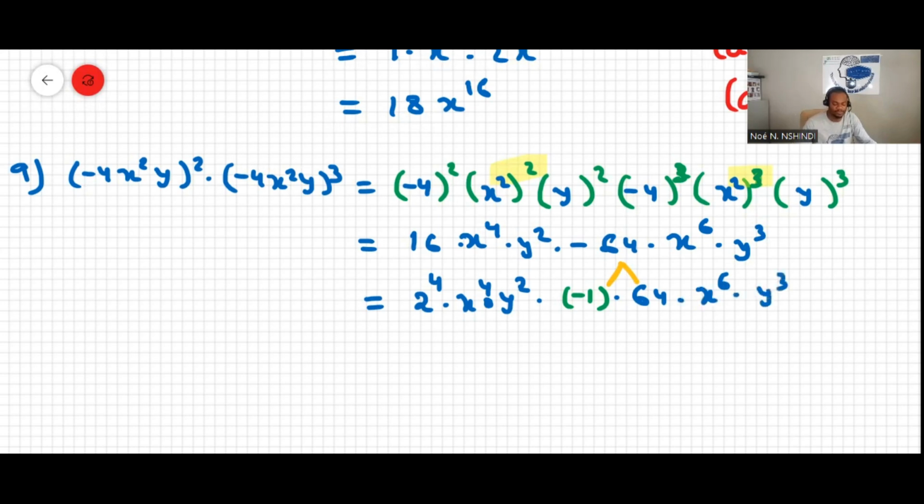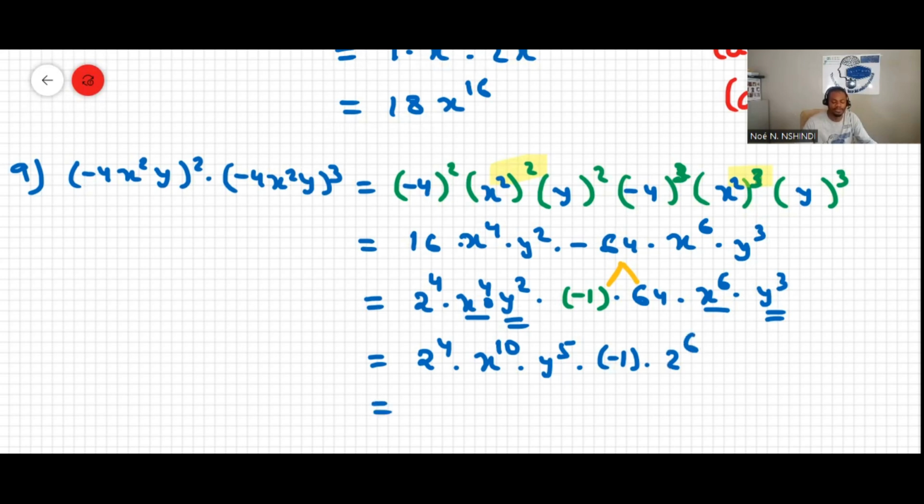I can combine like terms here. You see that's x and that one, this y squared and y cubed there. And then we have 2 to the power of 4 multiplied by x to the power of 10, because 4 plus 6 makes 10, multiplied by y to the power of 5, multiplied by negative 1, and times 64, which is 2 to the power of 6.